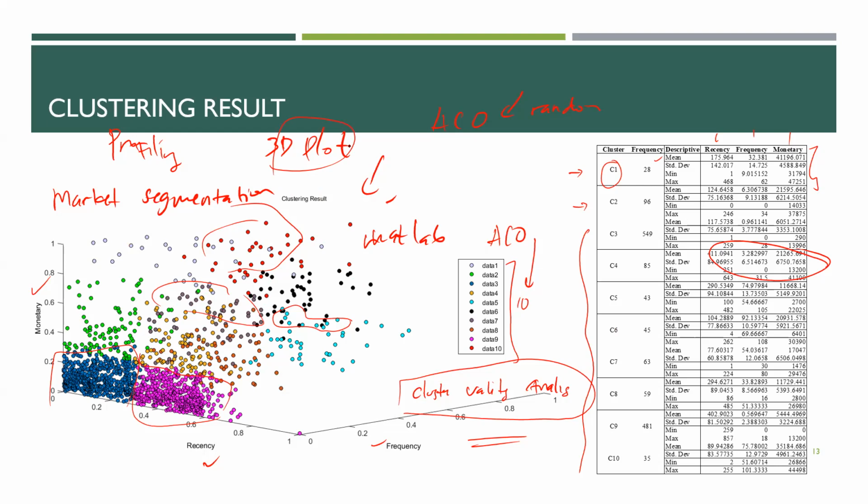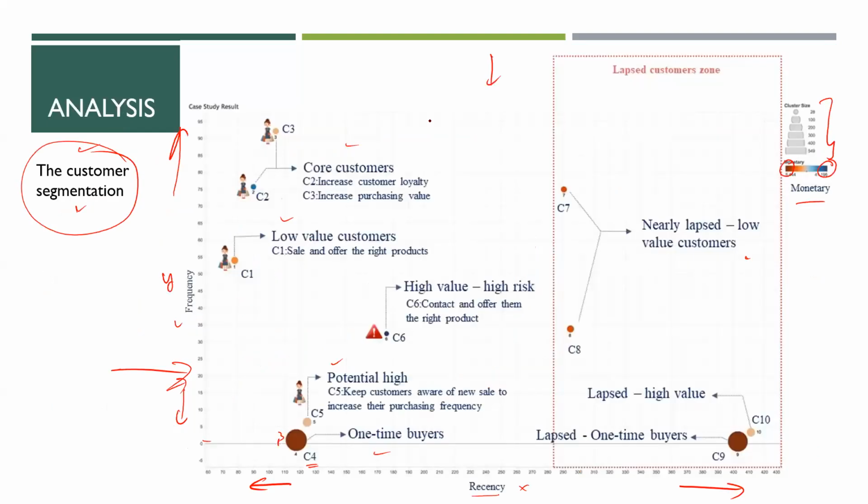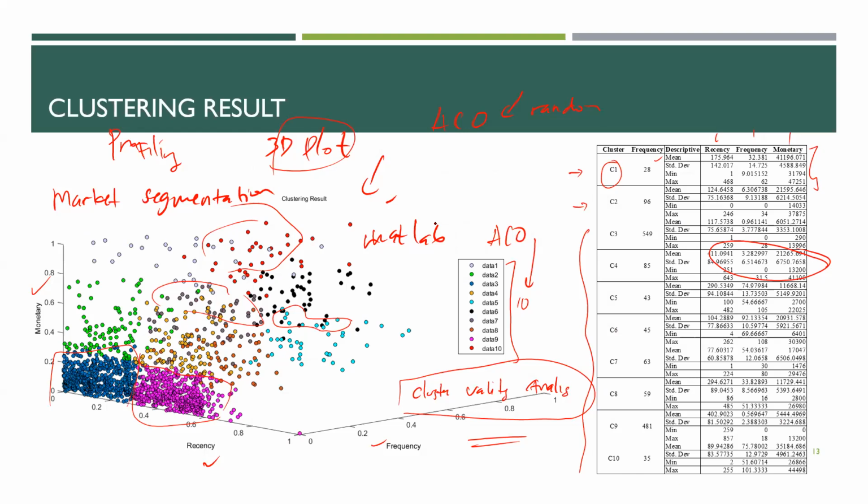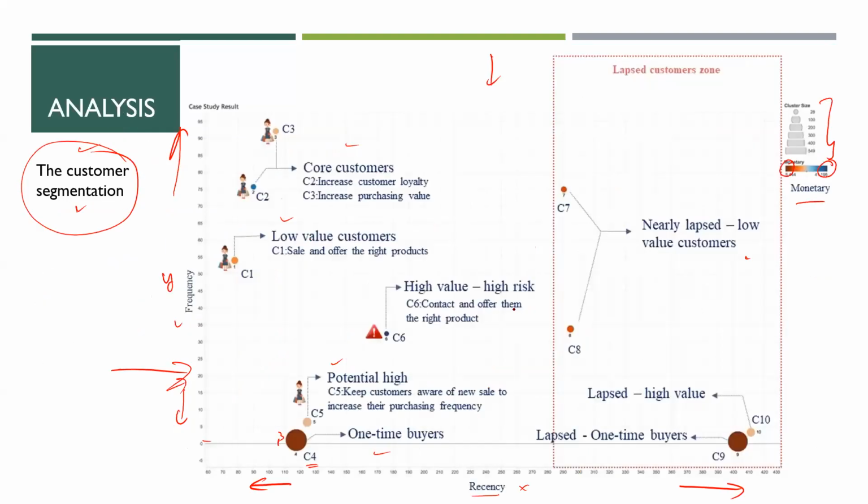So this is the clustering part for the assignment. After that, if your data is real data, of course, we can give more analysis because we know the data. But if we use a benchmark data set, of course, we cannot give this. How much data did you have at that time?